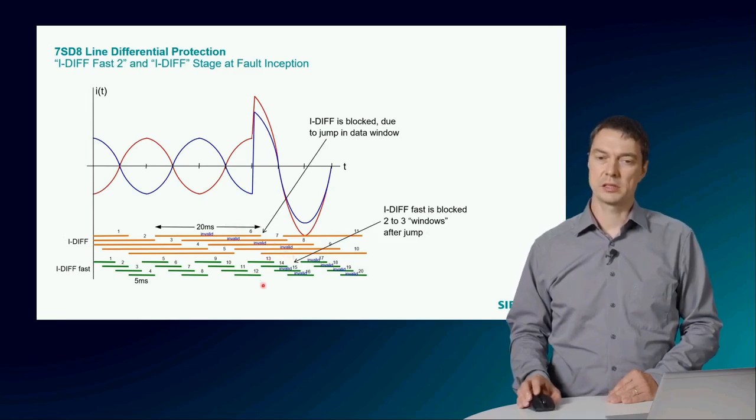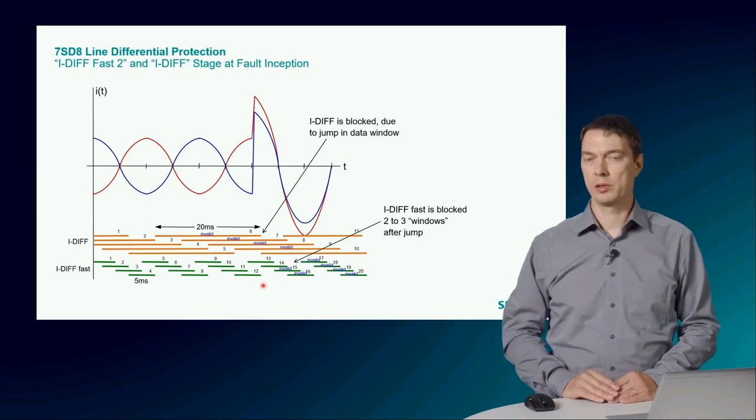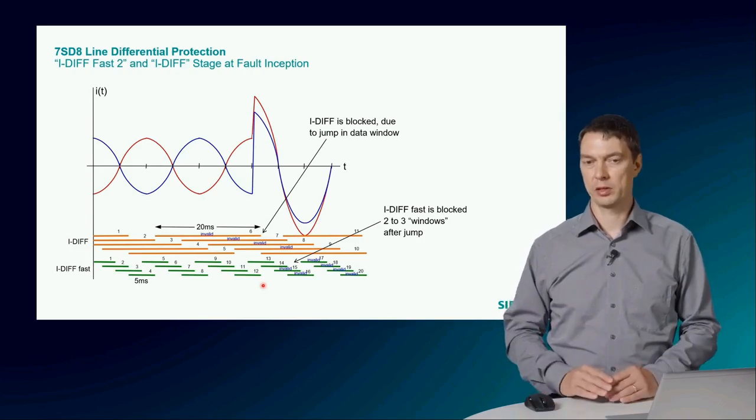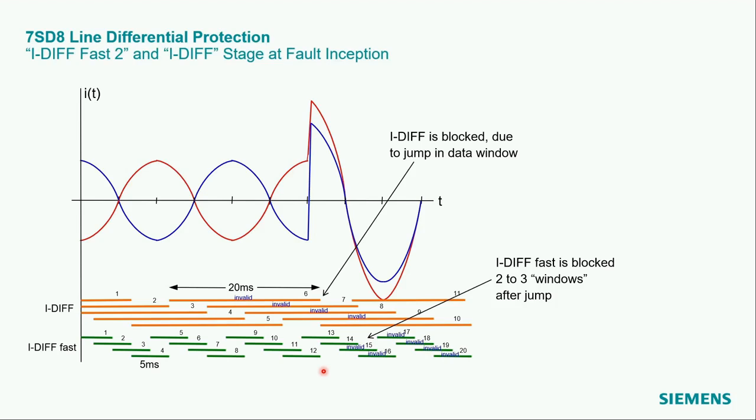In this case, the EDIF Fast will be available and will operate very fast for these faults just after the fault inception. Due to the possibility of a DC component in the signal, and also the possibility of current saturation, the EDIF Fast windows are marked and blocked 2 to 3 windows after the fault inception.